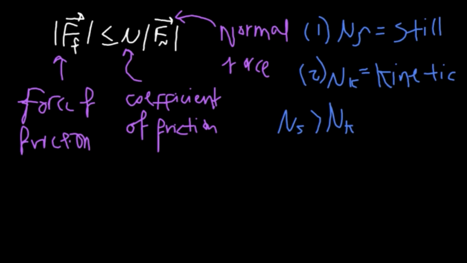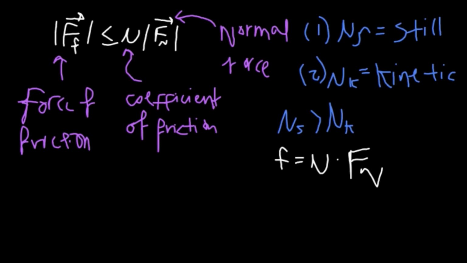Now what that says is that it is more difficult to accelerate an object from rest than it is to keep that object in motion, which you may know from experience. So a more useful way to write this equation would be to say that the force of friction equals the coefficient of friction times the normal force.